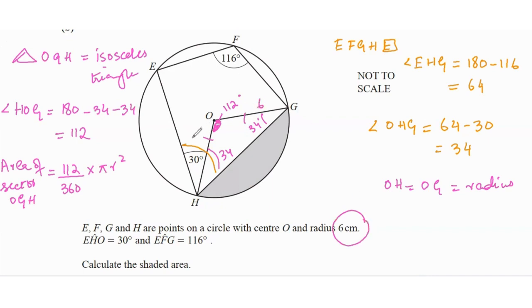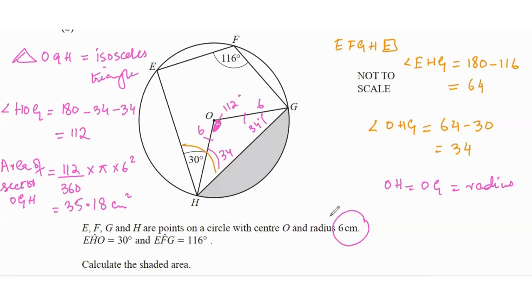So this is 6 and this is 6. So we can replace R with 6 squared. So now area of this sector is going to be 112 divided by 360 times pi times 36, which is 35.18 centimeters square.